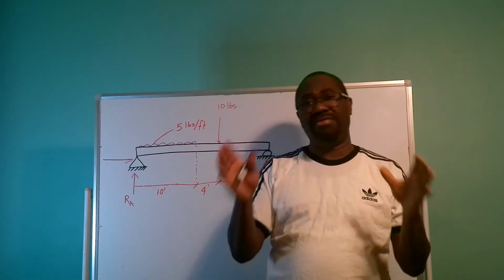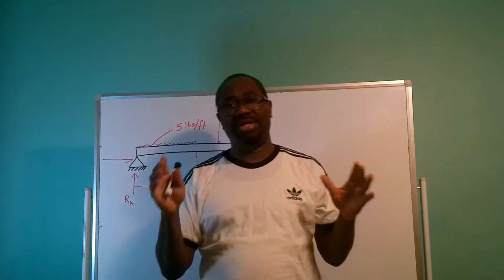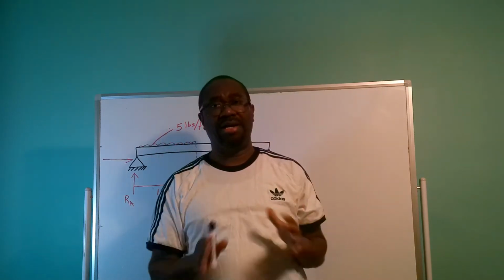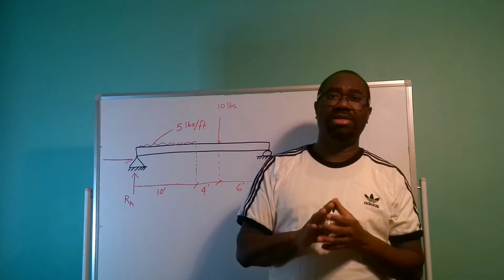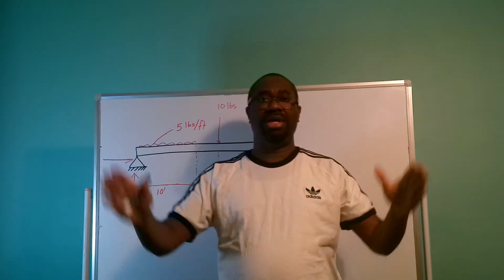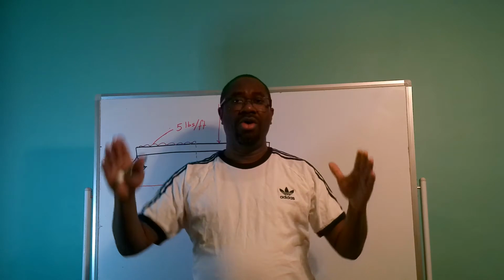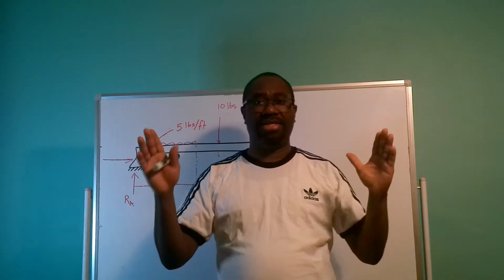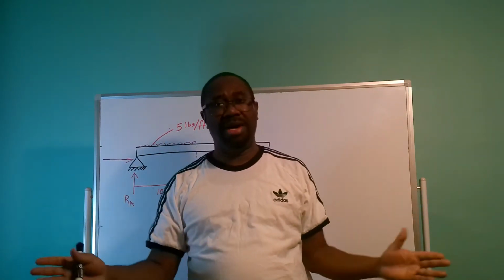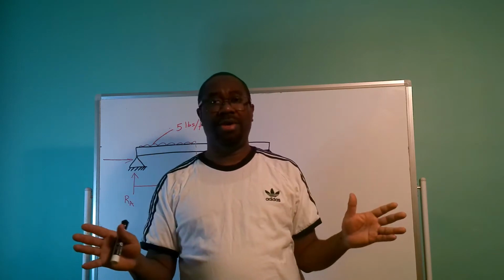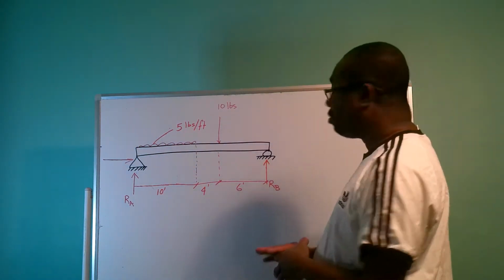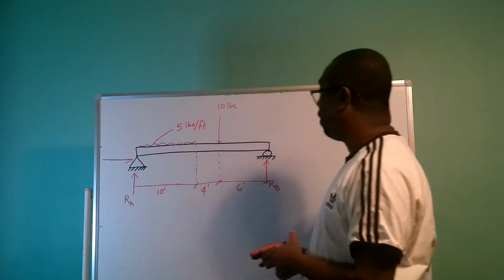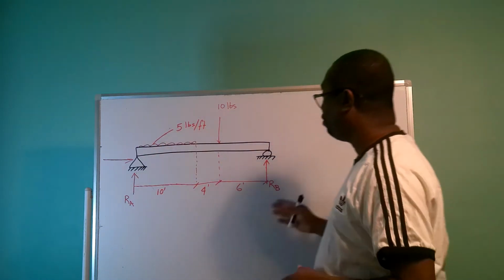And remember, I've stated to you that whenever you are designing a beam, the first thing that you should take into consideration is the beam end condition. So whether the beam ends are fixed or whether the beam ends are simply supported. So this is the beam here, right?